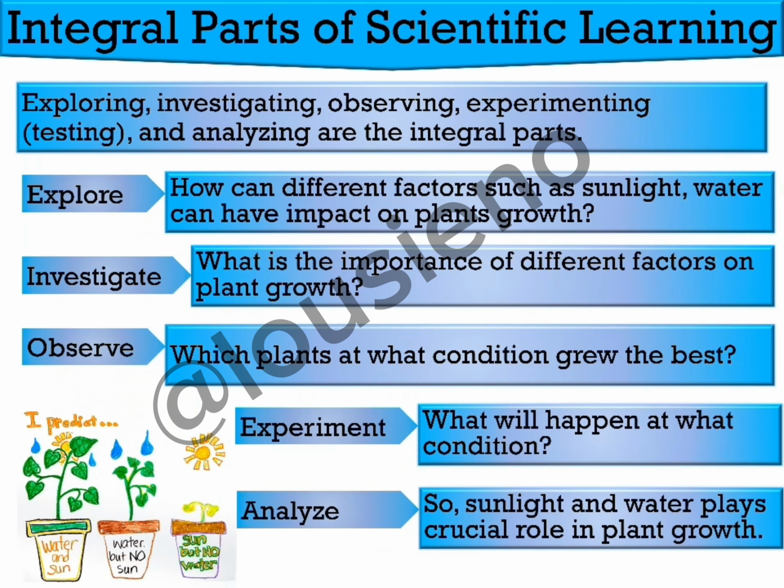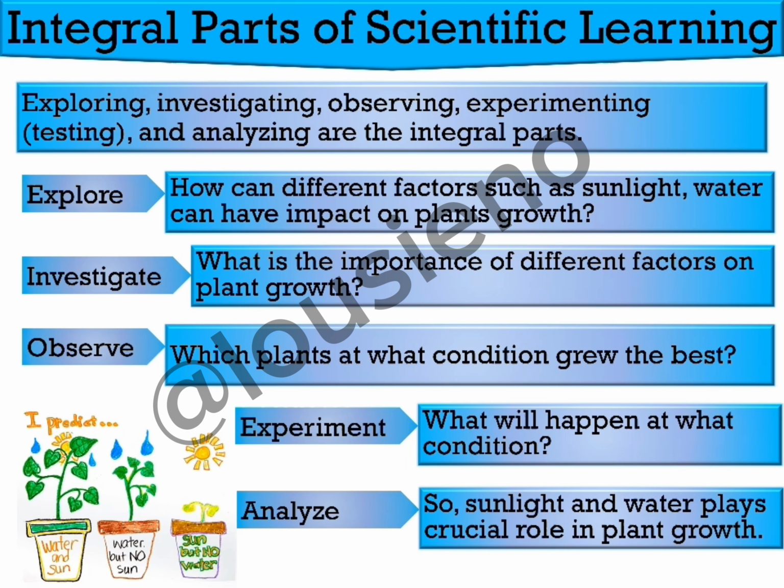Slide 2. What are the integral parts of scientific learning? Exploring, investigating, observing, experimenting, that is testing, and analyzing are the integral parts of scientific learning. Example of explore: how can different factors such as sunlight and water have impacts on plant growth?